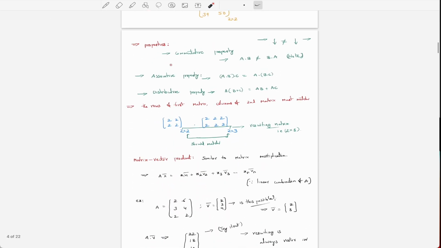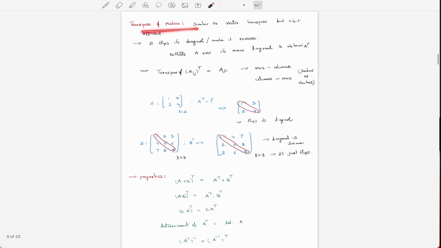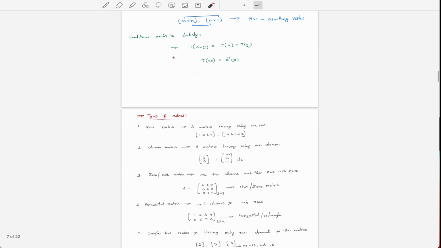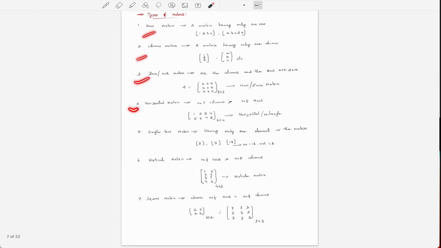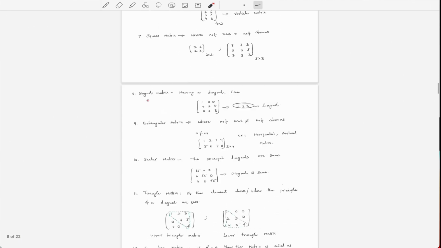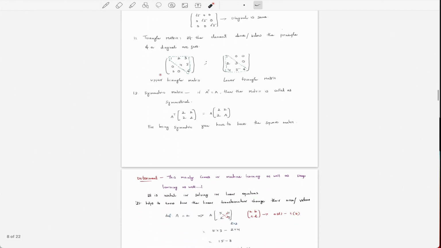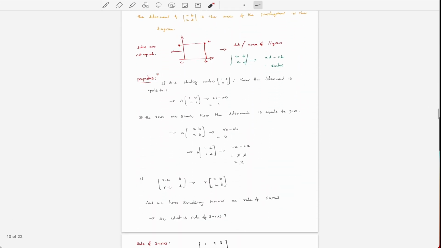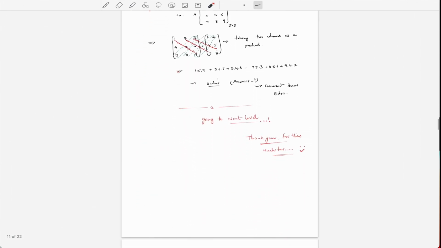We have special types of matrices and linear transformation and how it is useful, and types of matrices like row, column, zero, horizontal, vertical, singleton, square, diagonal, rectangular, scalar, triangular, symmetrical, etc. We have seen the determinant, its properties, and the rule of Sarrus.